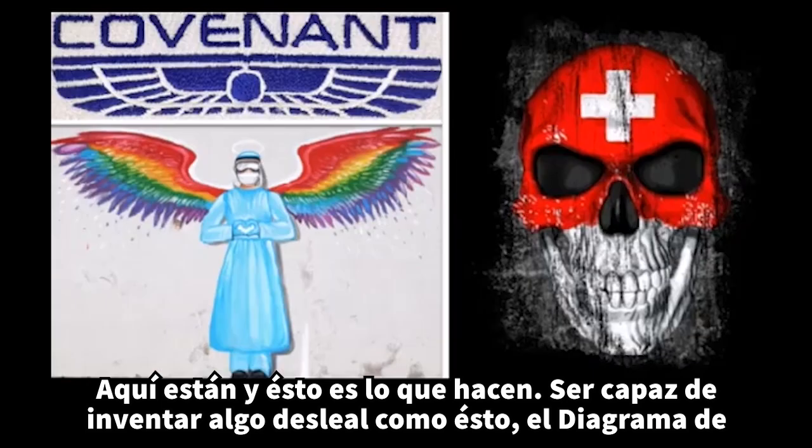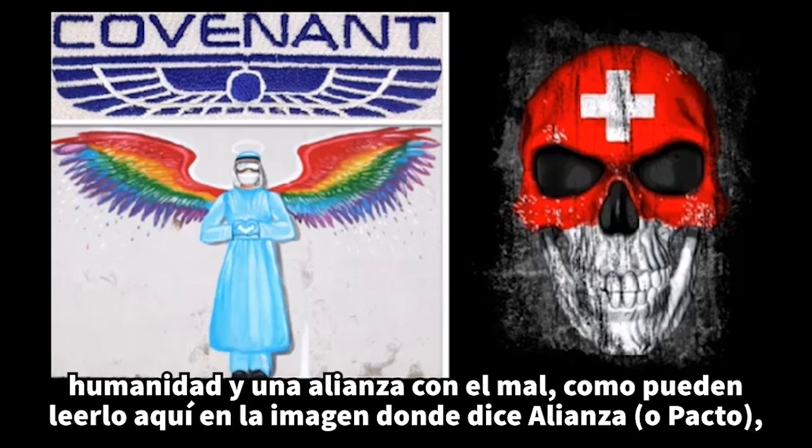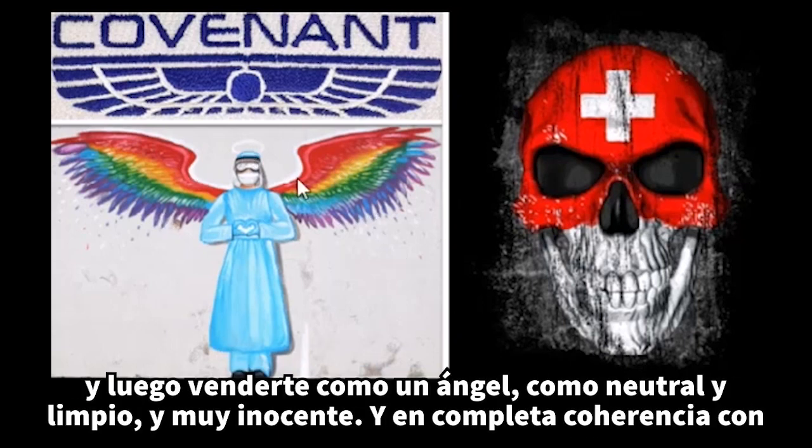To be able to invent something perfidious like this Biderman chart of coercion, one must have a superior intelligence, a perfect analysis of humanity, and a covenant with evil, as you can read here in the image where it says covenant, and then sell yourself as an angel, being neutral and clean and so innocent.